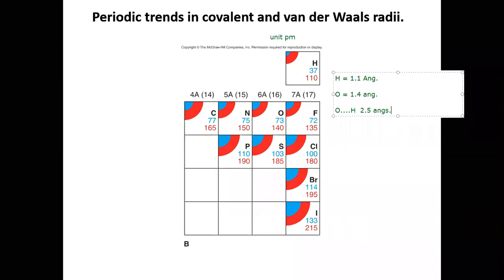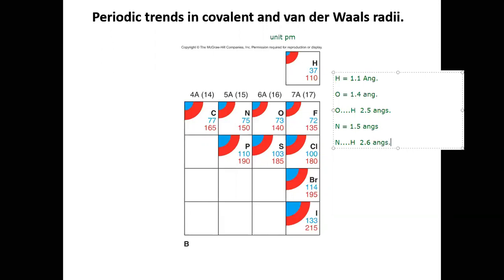hydrogen bonding will occur. Likewise, if we look at nitrogen, nitrogen has a van der Waals radius of 1.5 angstroms. So for the nitrogen-hydrogen distance, it would be 2.6 angstroms.